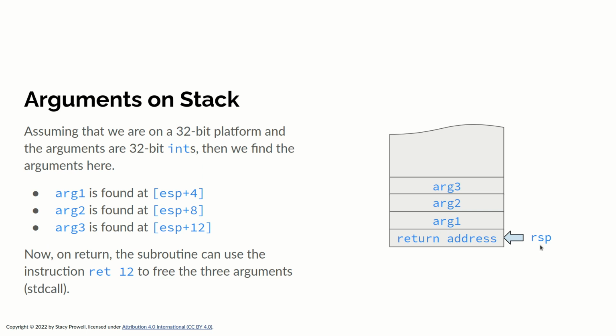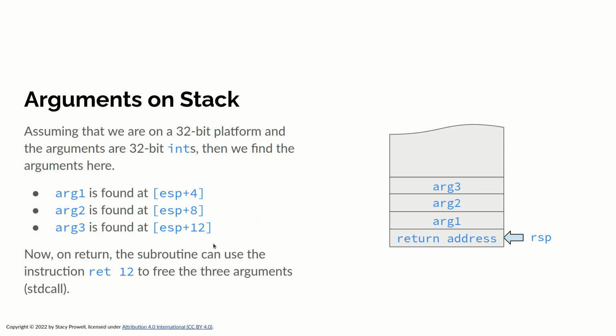We know that they're at RSP, but this is the 32-bit world, so it should say ESP. Apologies. We know that arg3 is going to be 4 bytes up because the return address in the 32-bit world is 4 bytes. So RSP plus 4 will take us here, plus 8 and plus 12, and that allows us to reference these D words that are found at these locations. We know they're D words because we said they were 32-bit ints.